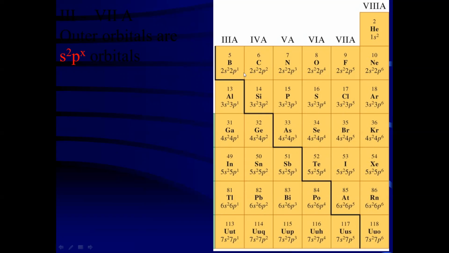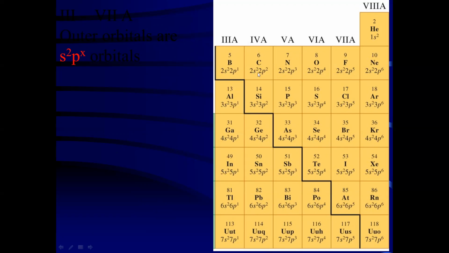And if you observe, you will find the general trend is like this: s2p1, s2p1, s2p1, s2p1. The only difference is the principal quantum number changing from 2, 3, 4, 5.